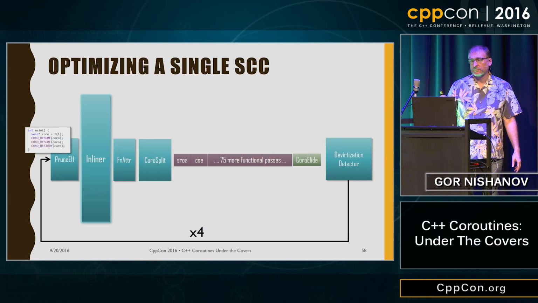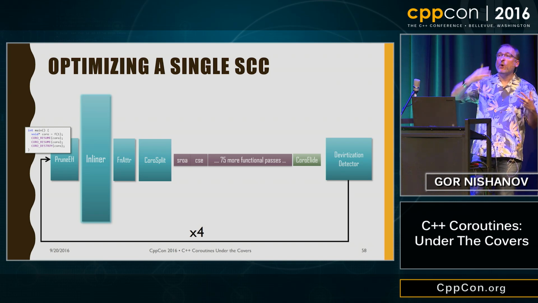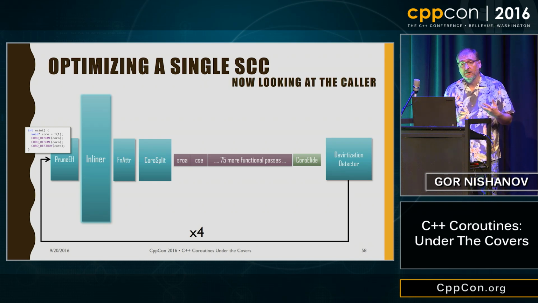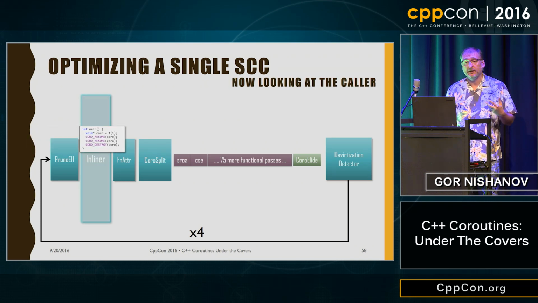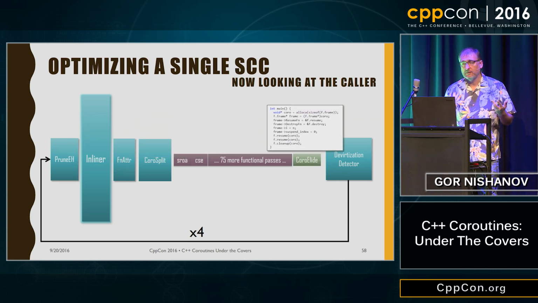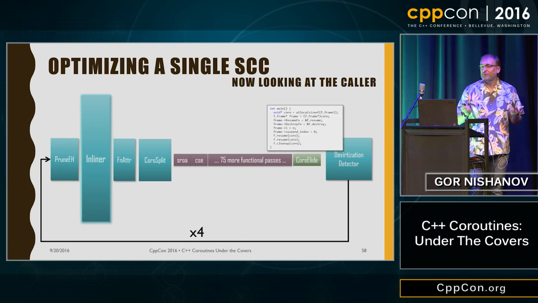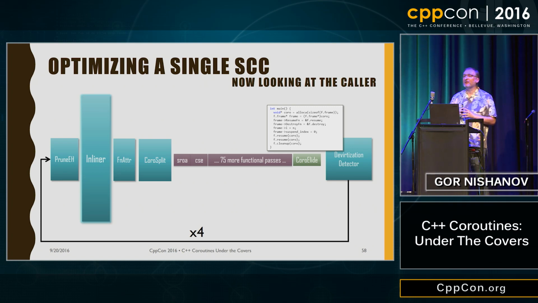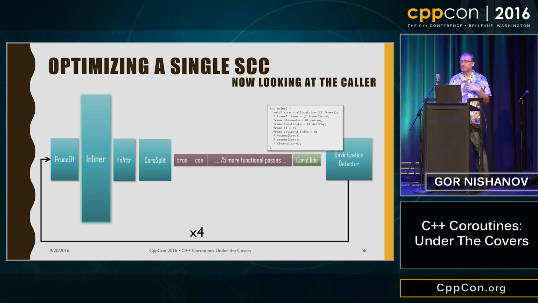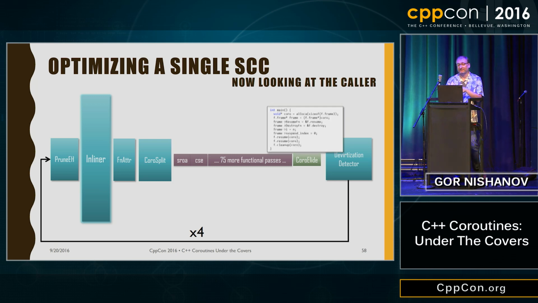Okay, good. So now we're in main, the one that called the coroutine. And by the way, we already optimized and split out the little pieces. So now what is left is, you get to the inliner, it goes up one more time. When we reach Coro Elide, you remember we replaced indirect calls with direct calls. That forces the restart of the pipeline.